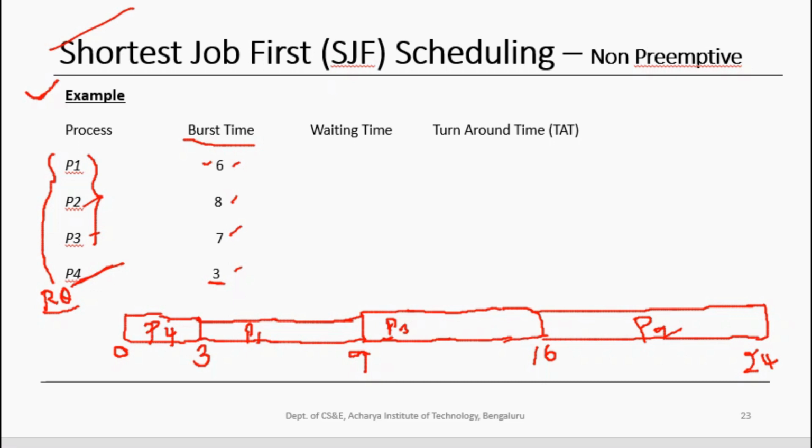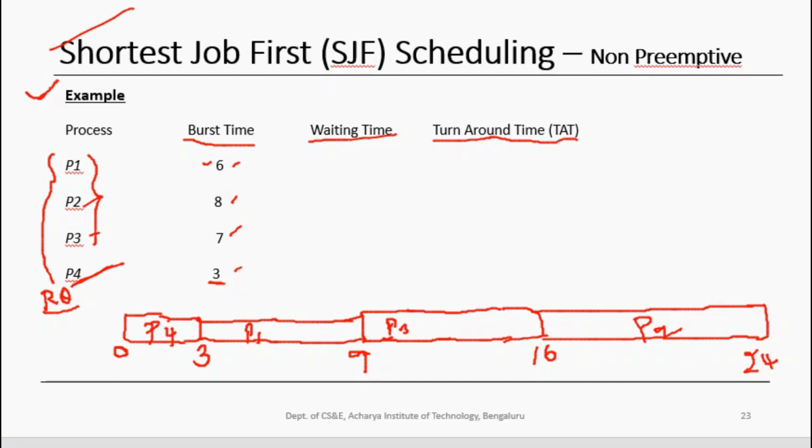Now let us calculate the waiting time and turnaround time. I have not written completion time or finishing time because all of them have arrived at t is equal to 0. Therefore the turnaround time and finishing time would be the same. Let us calculate the waiting time and also the average waiting time. What is the waiting time of P1?